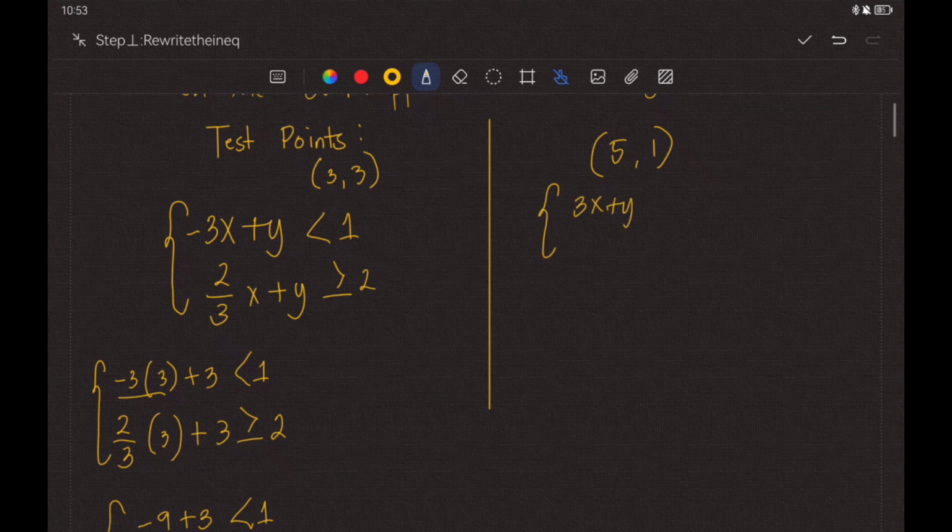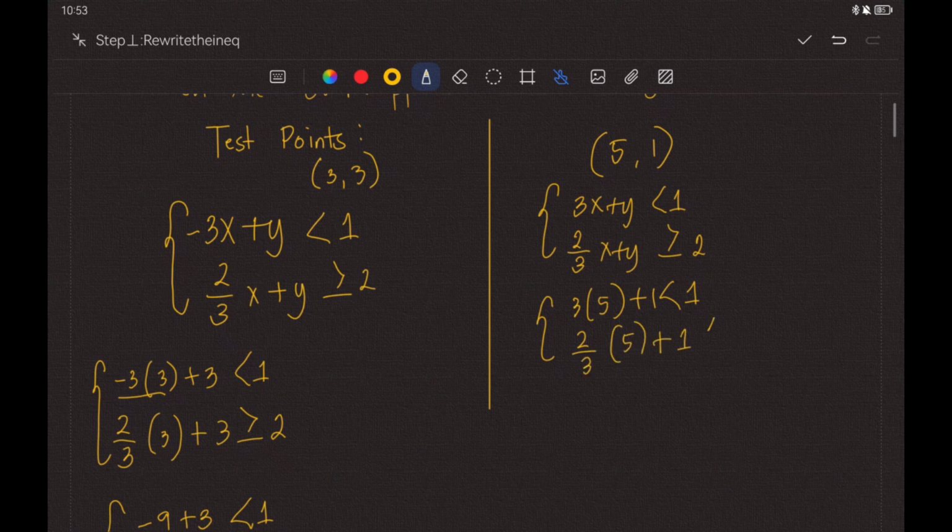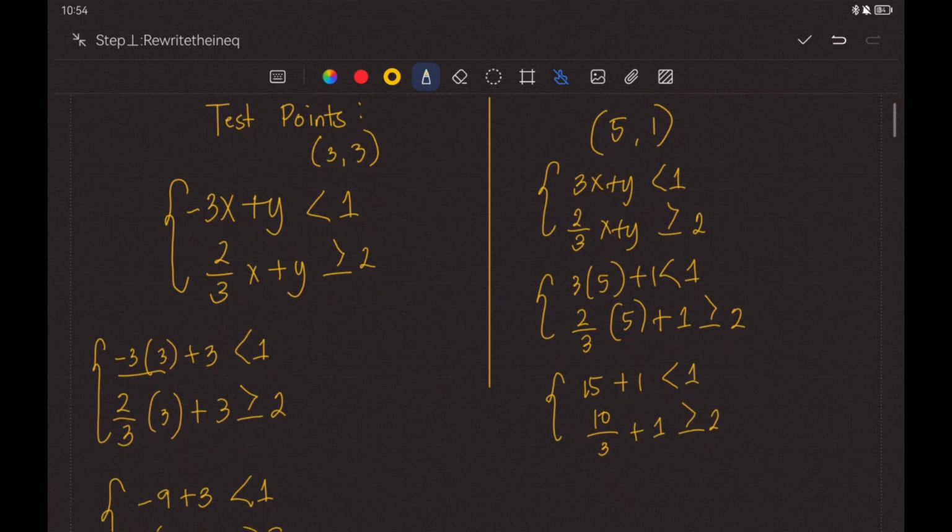Negative 3x plus y is less than 1. 2/3 x plus y is greater than or equal to 2. So we have here negative 3 times 5 plus 1. 2/3 times 5 plus 1. So this will become 15 plus 1 is less than 1. 10/3 plus 1 is greater than or equal to 2.